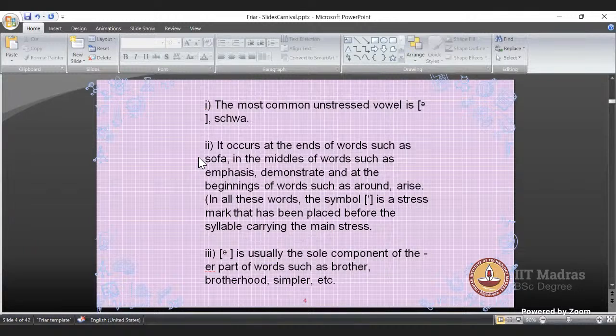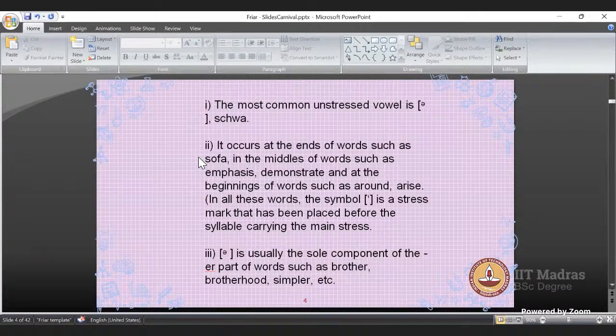Everything that ends in this er, even in a non-divided word like brother, whenever you have an er combination, the actual sound occurring at the end of it is this unstressed vowel schwa. Why am I telling you this? If you know these things, you automatically know that this is definitely not the stress syllable.